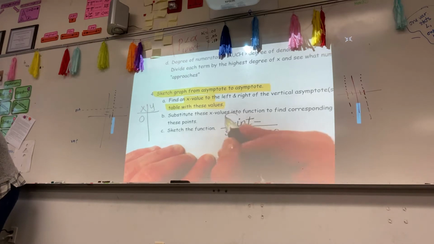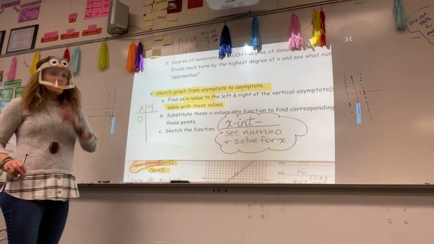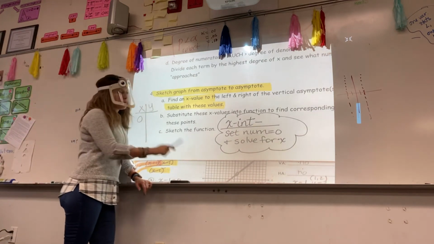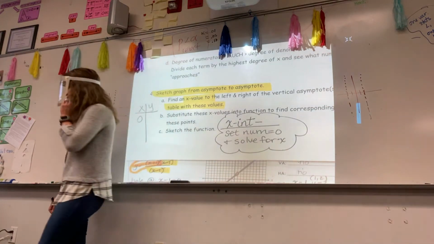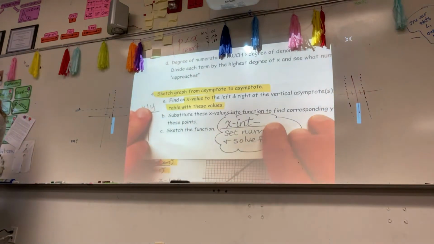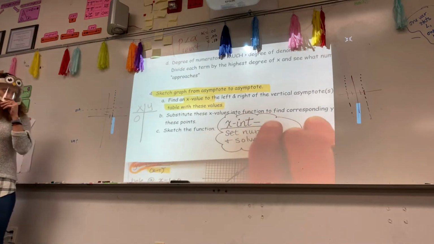I like this method too. So you just have to find 2 more points. One of them is probably just plugging it in. The other one, I like to find the x-intercept. If you follow these 4 steps, you'll be able to get through the whole problem. I know the first one's always tough, but it does get much easier, I promise.